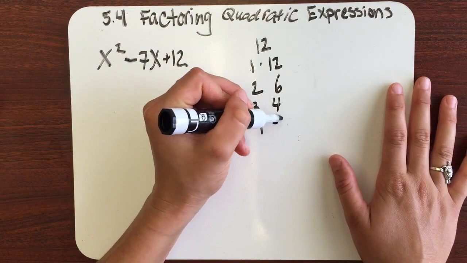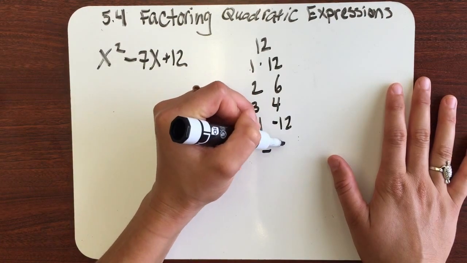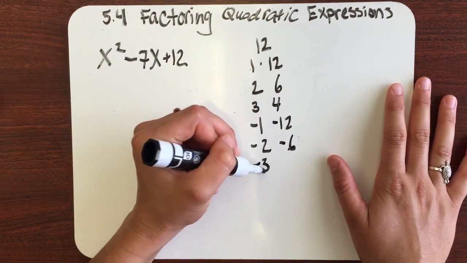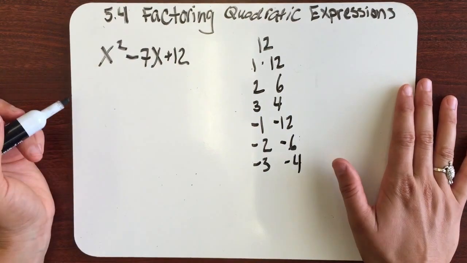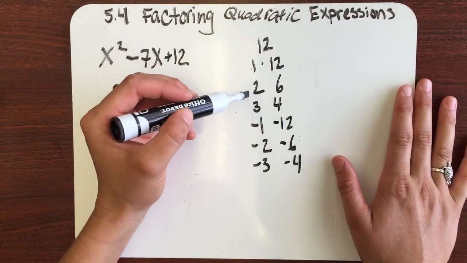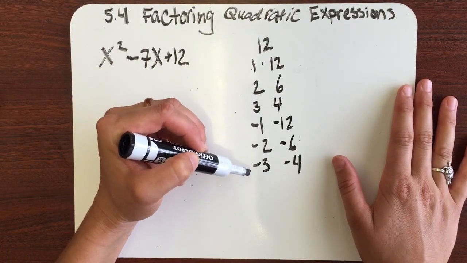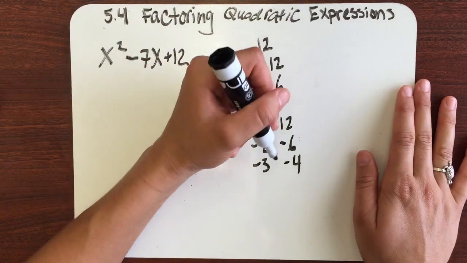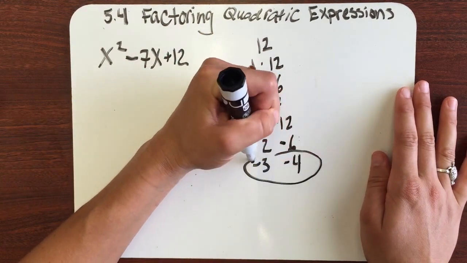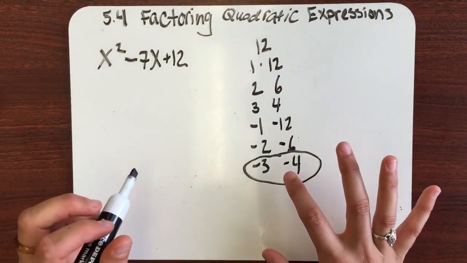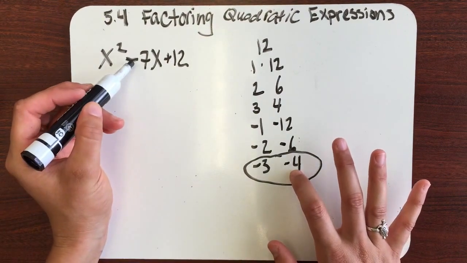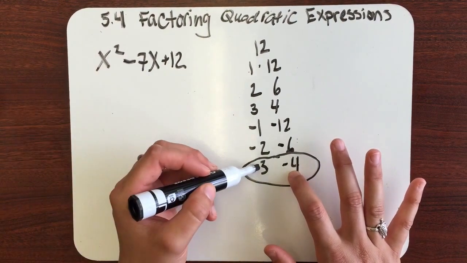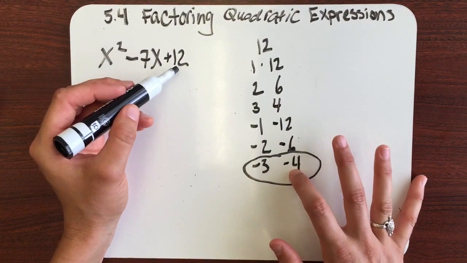Negative 1 and negative 12, negative 2 and negative 6, negative 3 and negative 4. So then we say, out of all of these choices, which one will add up to negative 7? So the one that's going to add up to negative 7 is negative 3 plus negative 4 will give us negative 7. And negative 3 times negative 4 is 12.